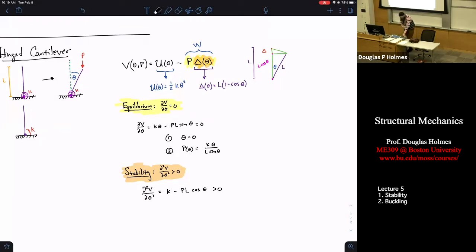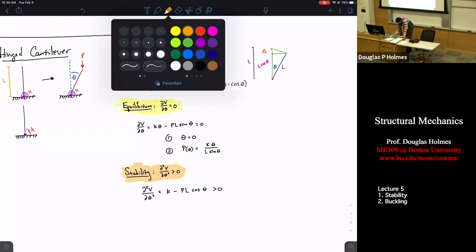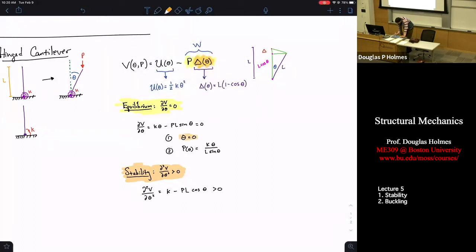So if you want to find out the competition between these two terms, first set them equal to each other, or set this entire equation equal to 0. And let's first check this configuration here.